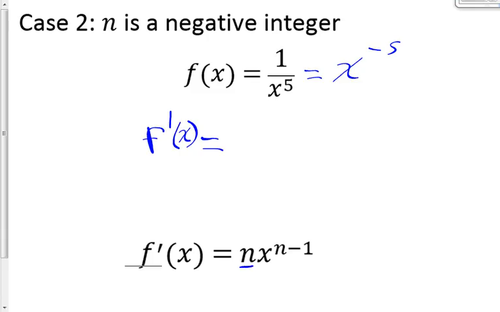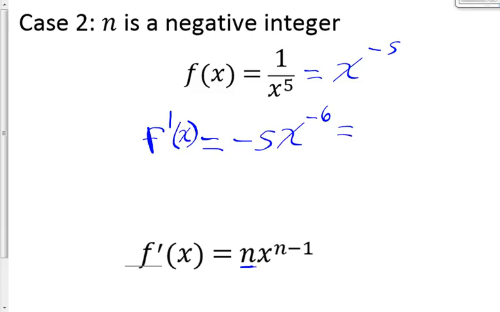So we calculate the derivative this way, f prime of x. N is negative 5, so that's going to be negative 5 times x, the independent variable, raised to the power of negative 5 minus 1. Negative 5 minus 1 is actually negative 6. In the same way that we had to rewrite the original problem as a power of x, when we get the derivative as a power of x, we have to rewrite it in its form as a rational function.